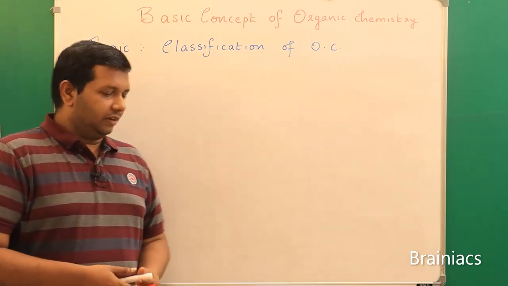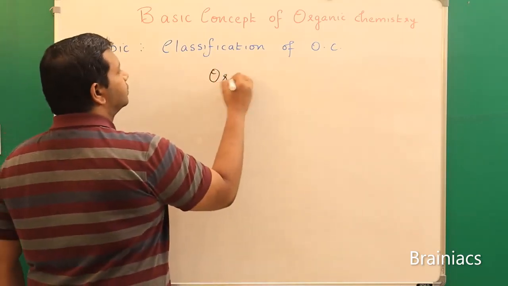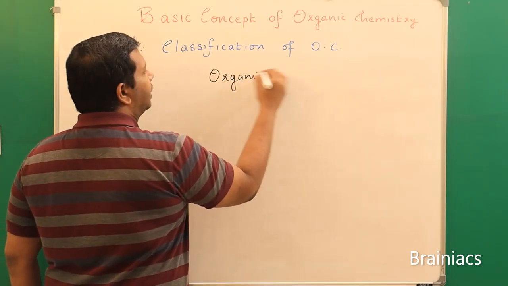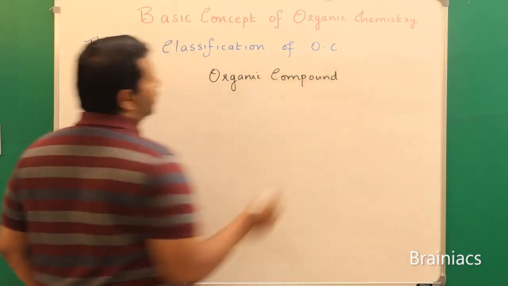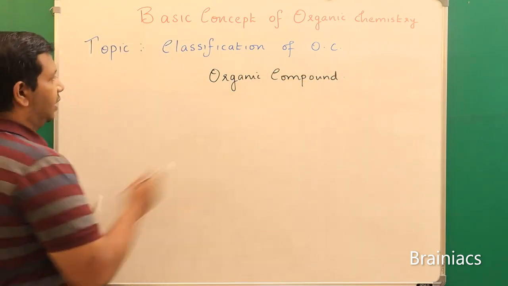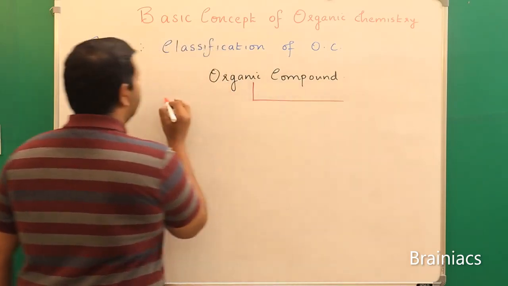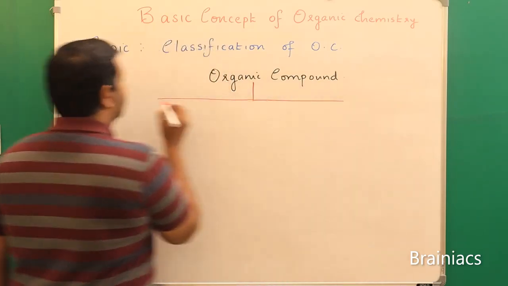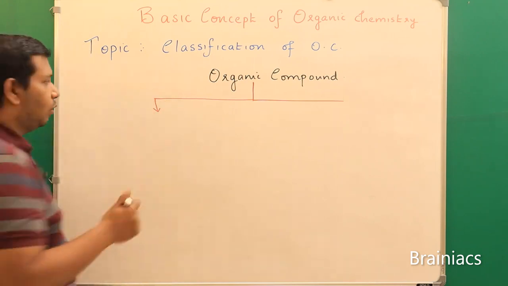Okay, so I will put the broad heading: organic compound. Organic compounds can be broadly classified into 2. So the main broad classification. The first one we call open chain compounds.